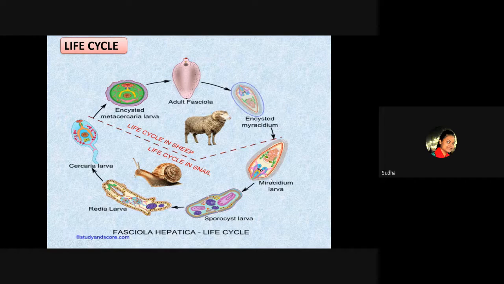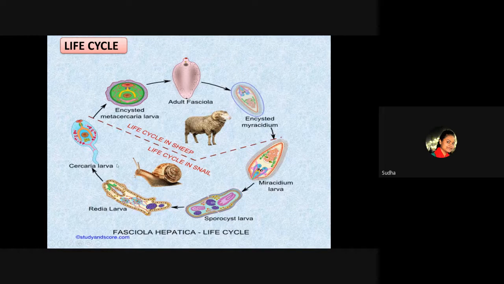From the sporocyst larva it will turn into the redia larva, and then from the redia larva into the cercaria larva. All of this happens inside the body of this snail.